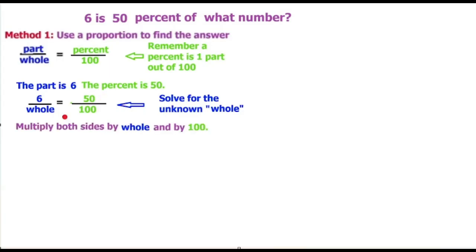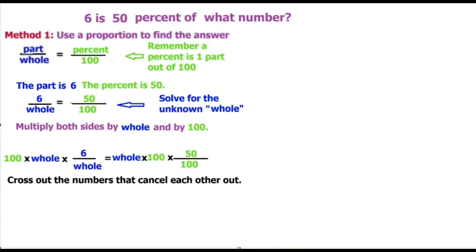To do that, let's multiply both sides by whole and by 100 because we want to get rid of these fractions here. So let me show you how that works. Multiply both sides by 100 and whole. Here's 100 and whole. And then we keep these the same, right? 6 over whole and then 50 over 100.